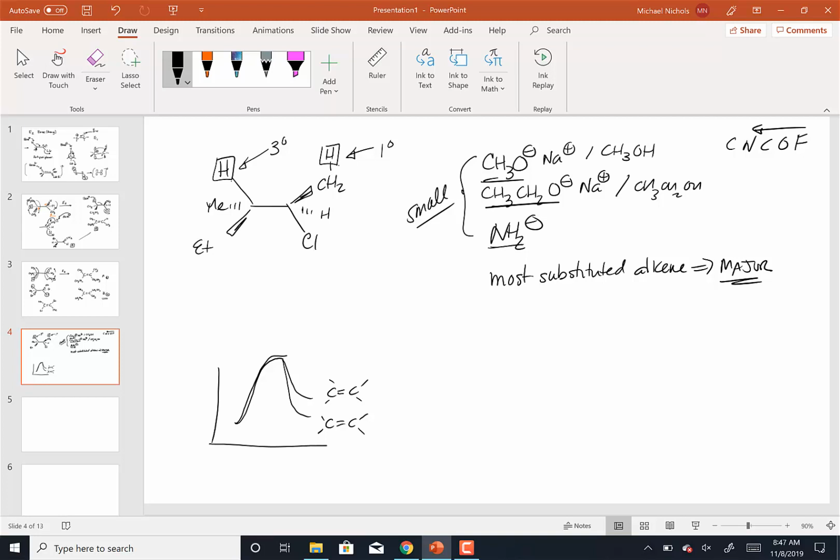Because if a hydrogen cannot become anti-periplanar, I don't care whether the base is small or large, it ain't deprotonating that hydrogen. It has to be anti-periplanar. So in terms of our steps, locate the beta hydrogens, determine which ones can be removed because they can become anti-periplanar, and then if I'm using a small base, the major product will be the one that's most substituted.